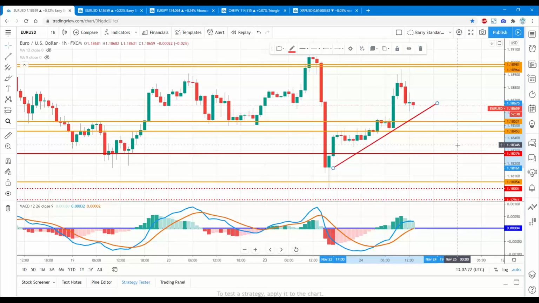But from there, we need to start trying to figure out what price is telling us. So we're looking at our candlesticks, and remember, every candlestick tells us a story. They tell us who is in control of the market at present, and the combination of the preceding candles and the next candle can interpret what price is doing.